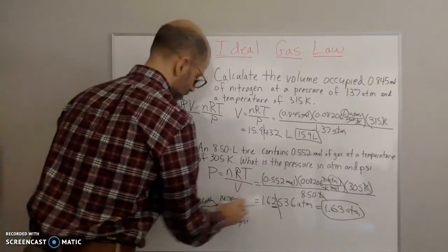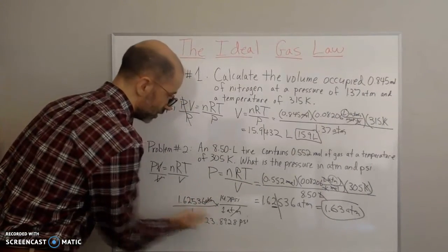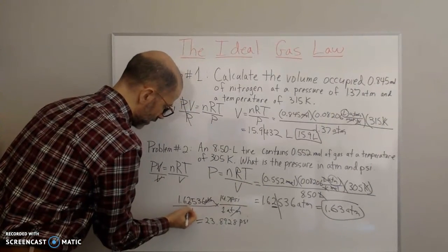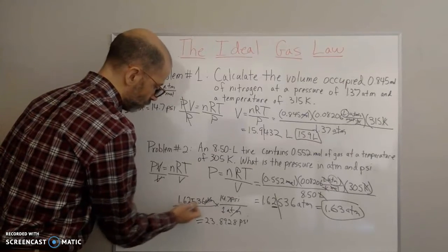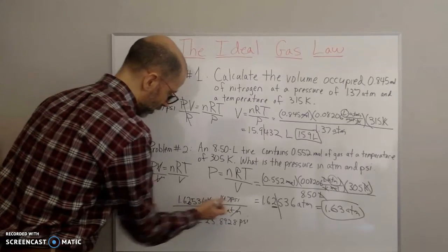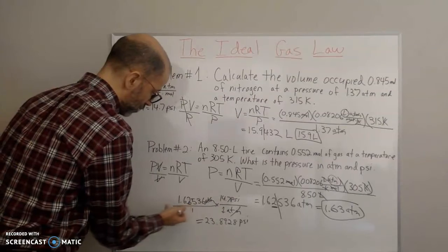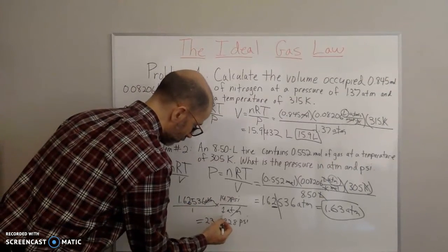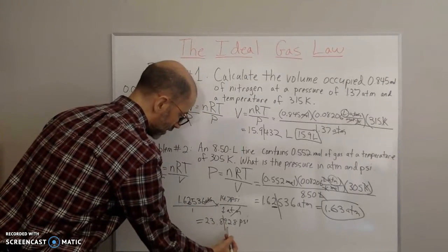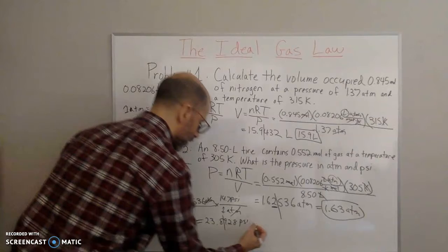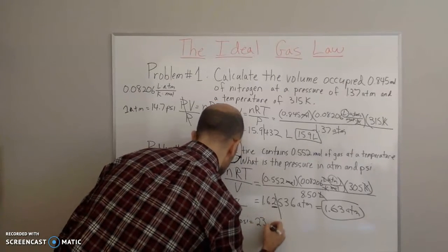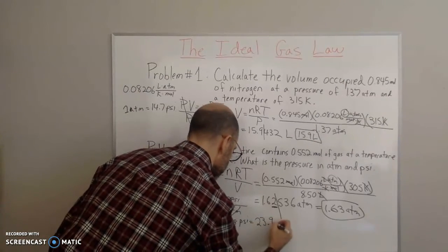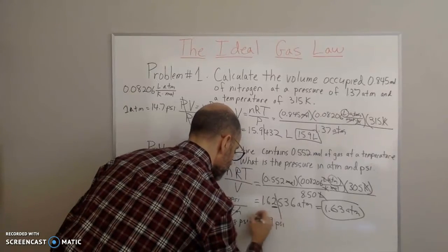And then here, since my sig fig is at the 8, I didn't round because I didn't want to round in between. When I'm looking at sig figs, here I have 3, and here I have 3. So my answer is in 3 sig figs. So I cut it off there. That's a 9, so I need to round that up. So that's going to be 23.9 PSI.